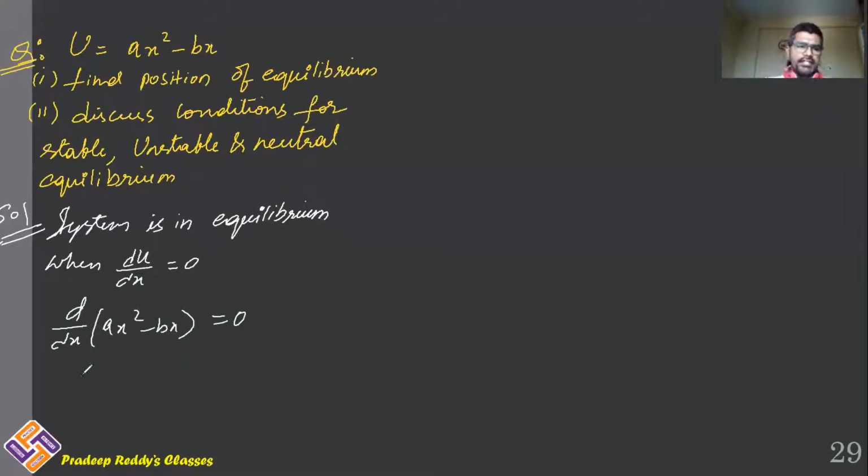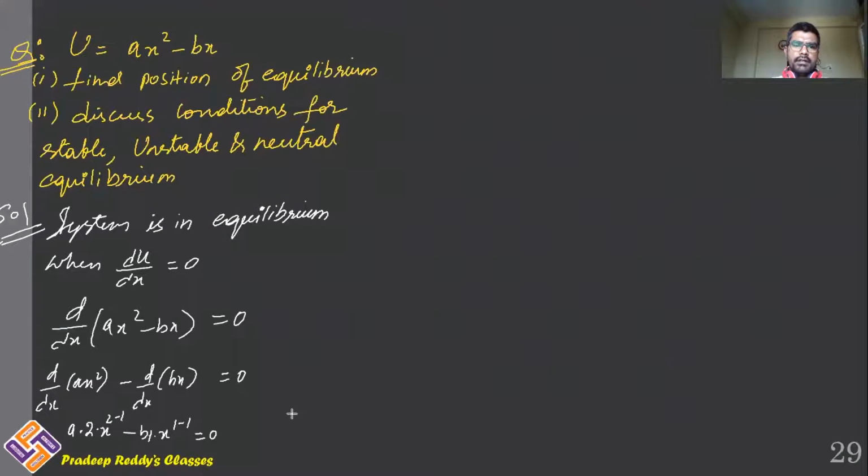Now differentiating this, it is d by dx of ax square minus d by dx of bx should be equal to 0. Now what is d by dx of ax square? a into 2 times x power 2 minus 1 minus b into x power 1 minus 1, and that should be equal to 0.